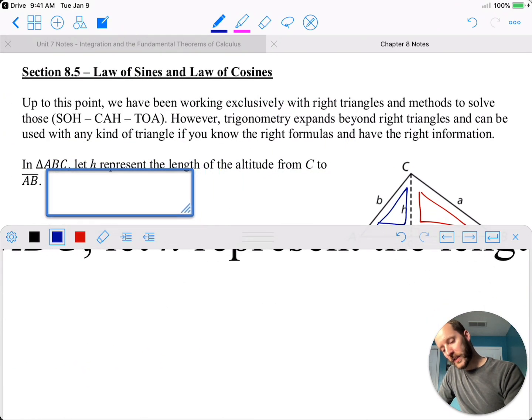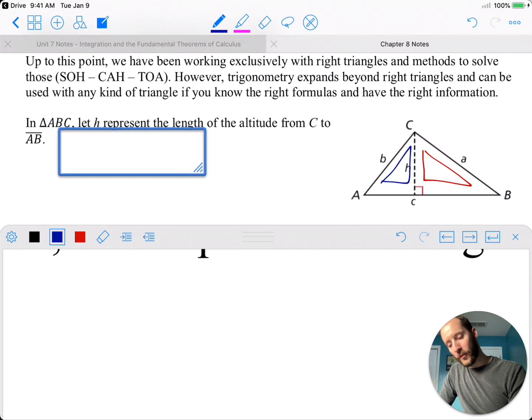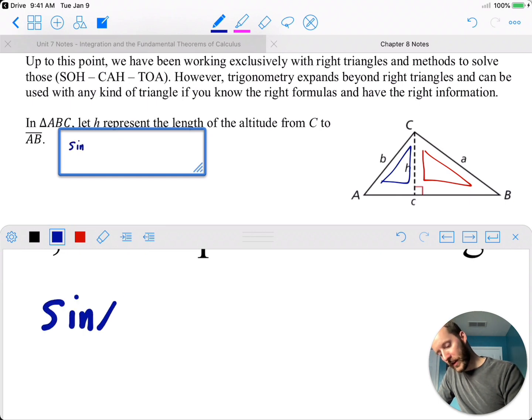First, with the triangle on the left, the blue triangle, let's do the sine of angle A. Sine of angle A will be opposite h over hypotenuse b.